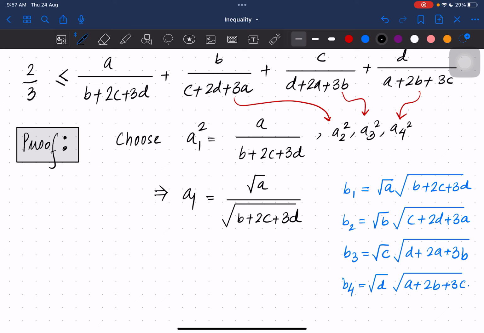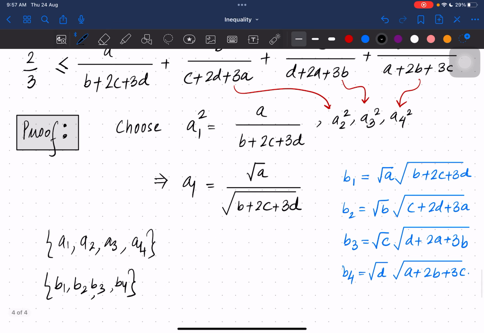So these are the two sets: a1, a2, a3 and a4, and the second set is b1, b2, b3 and b4.